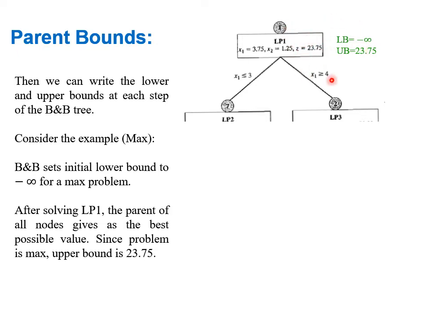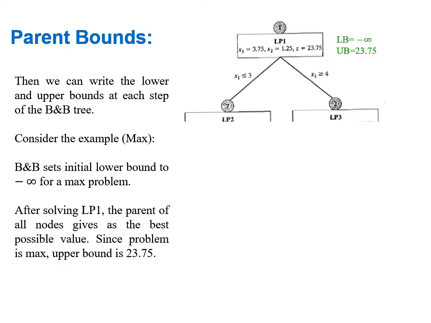Then, what are the lower and upper bounds in the first node? Since we don't have any integer feasible solutions, that is, candidate solutions, the lower bound is minus infinity.